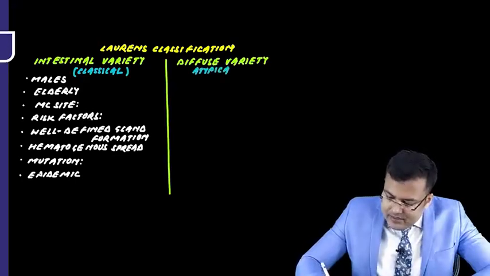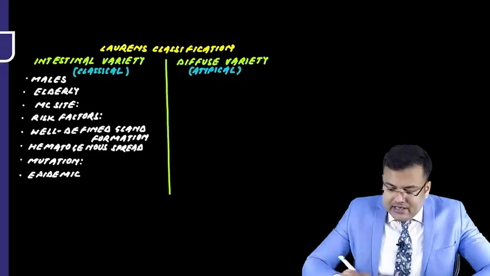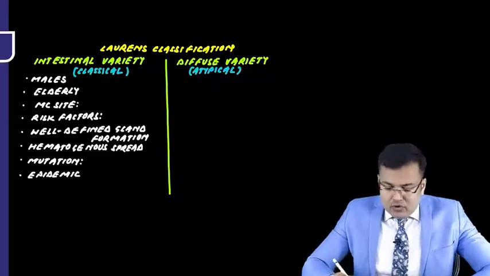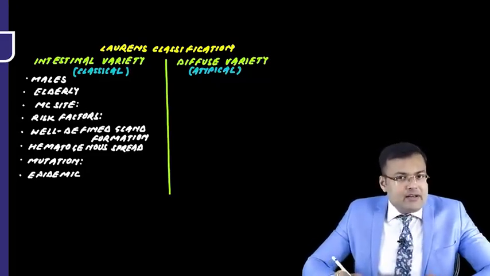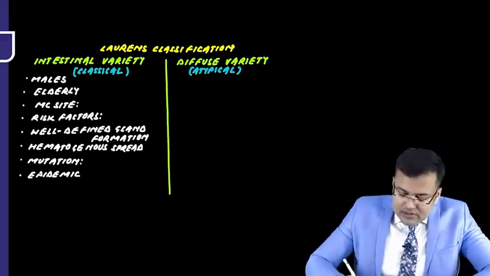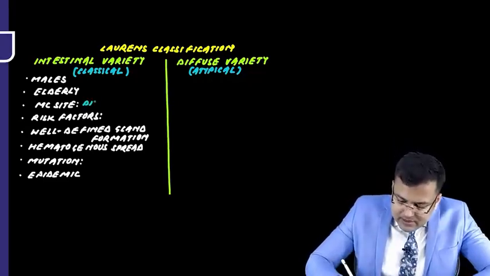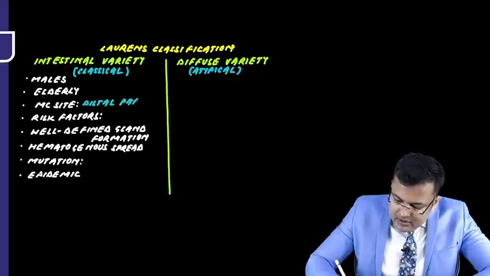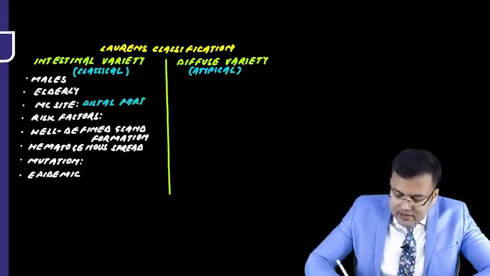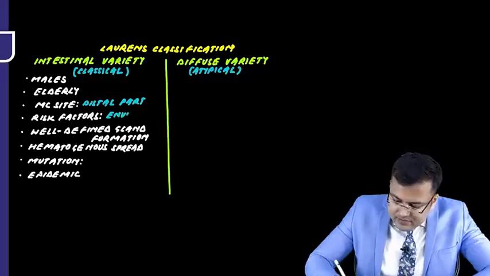So classical variety, intestinal variety: more common in males, more common in the elderly, age around 60. What is the most common site? The distal part. What are the risk factors here? Environmental risk factors.